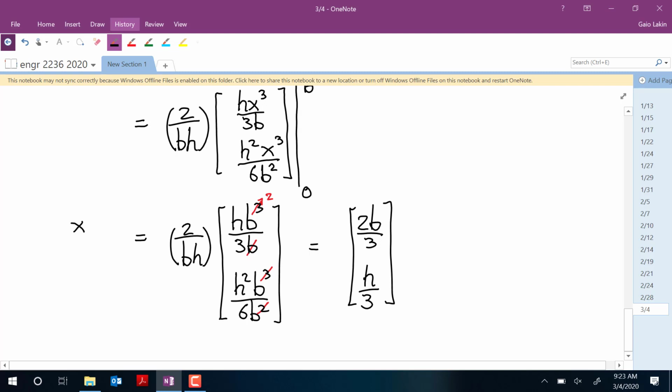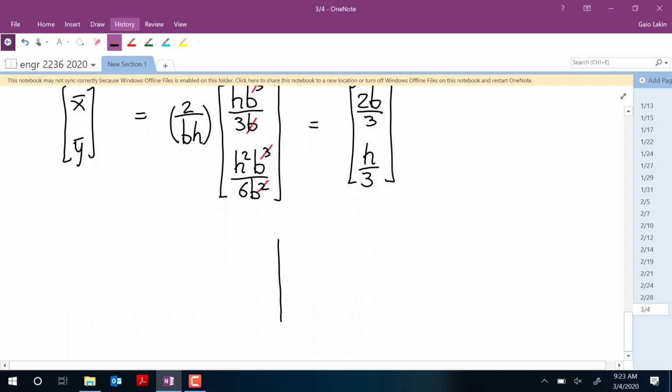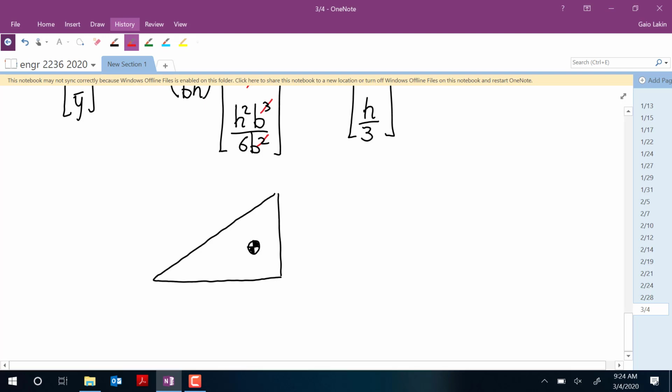Okay, so this is x bar, y bar. And so let's think about what we calculated, because that looks a little bit different than the formula that I gave you. So we calculated for a triangle going this way, the centroid is over here. And we calculated that this distance is h over 3, and this distance is 2b over 3.